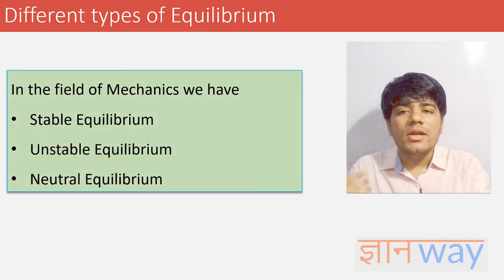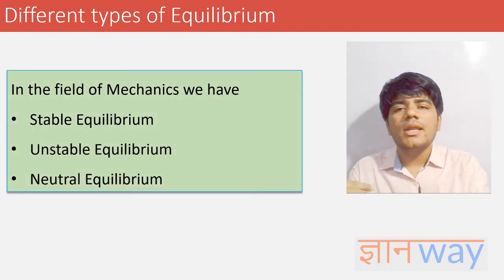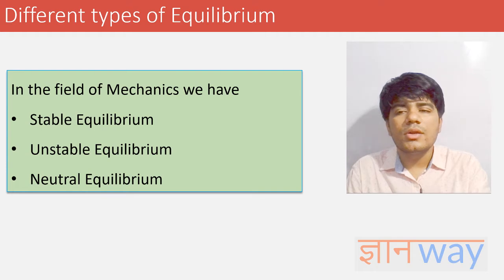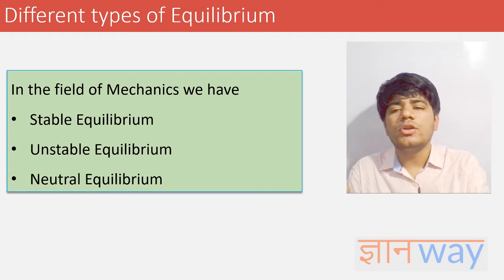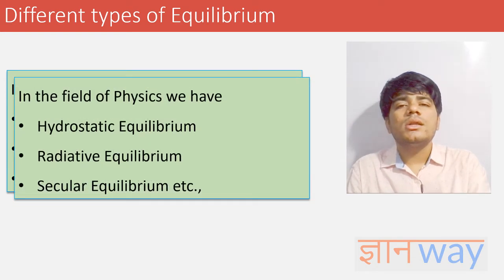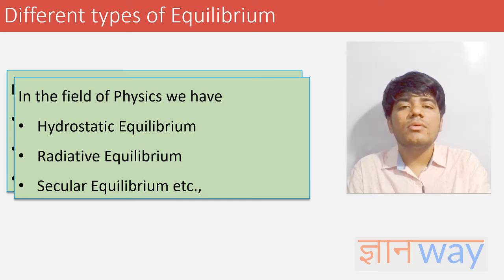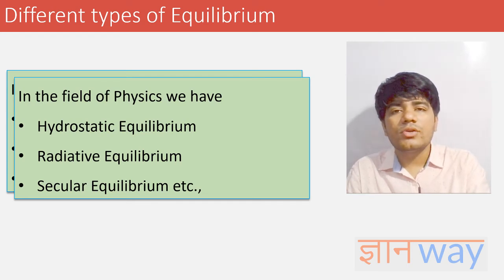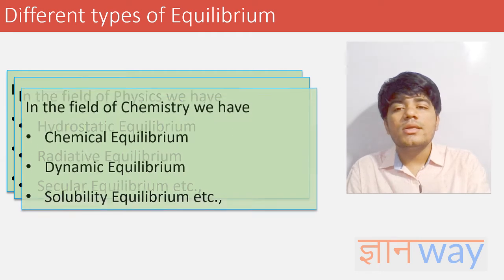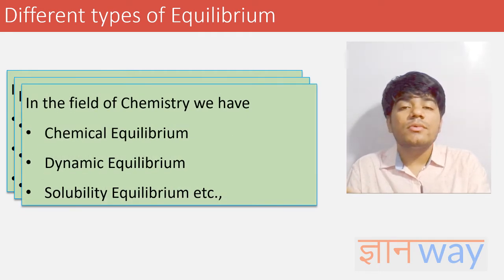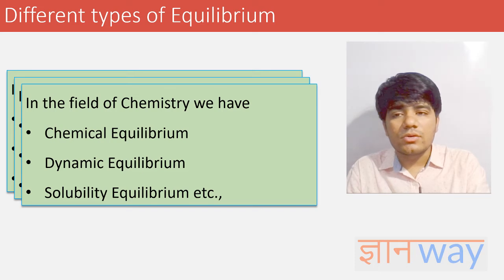So there are different types of equilibrium. In mechanics, we learn about stable equilibrium, unstable equilibrium, and neutral equilibrium. There is the concept of equilibrium in physics also: hydrostatic, radiative, secular equilibrium, etc. There is equilibrium in chemistry also: chemical equilibrium, dynamic equilibrium, solubility equilibrium.